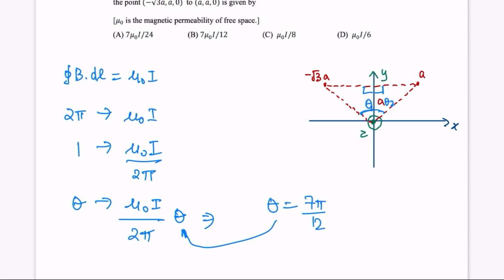You plug that over here, and you get your answer, 7 pi over 2 pi. There's no difference, pi cancels, 7 mu I over 24. So you can calculate it like this if you're not comfortable calculating a line integral, and I don't think line integral is in the syllabus, but I could be wrong.